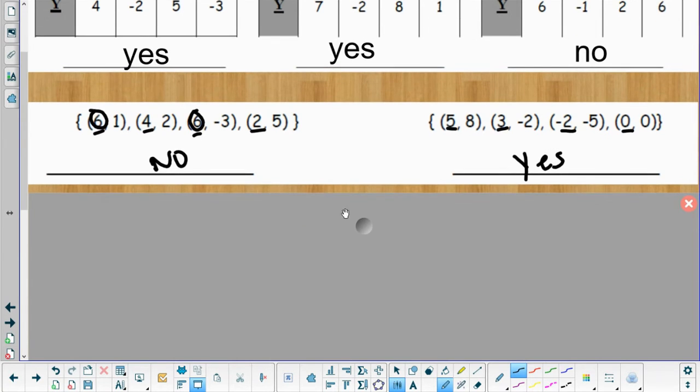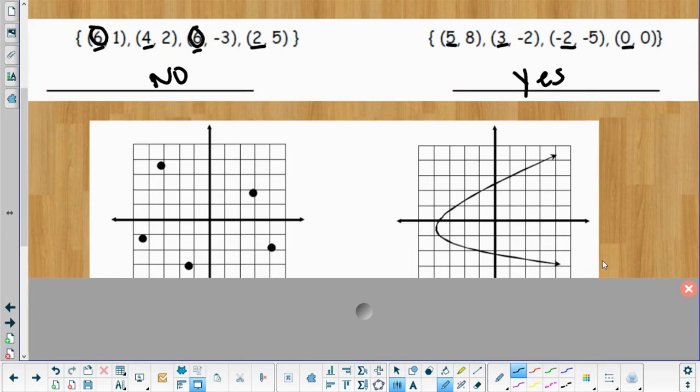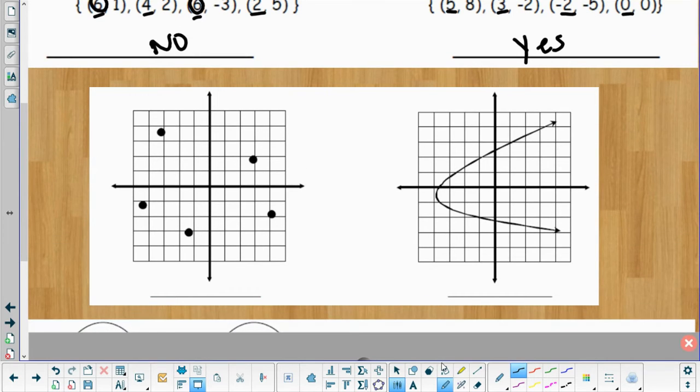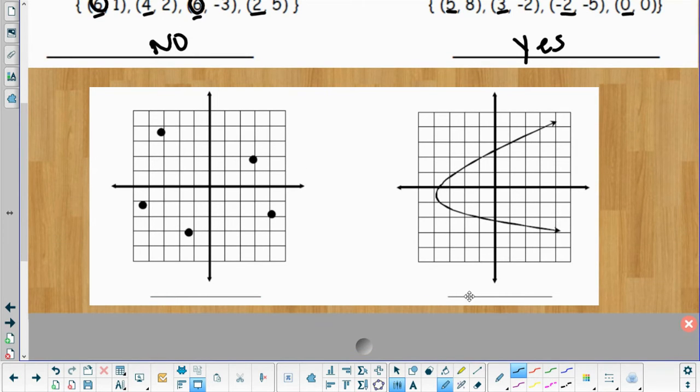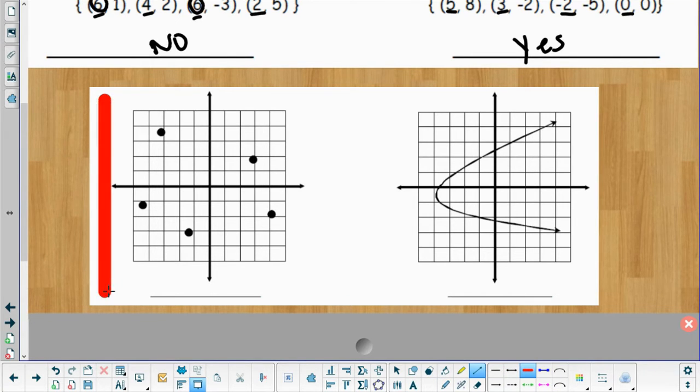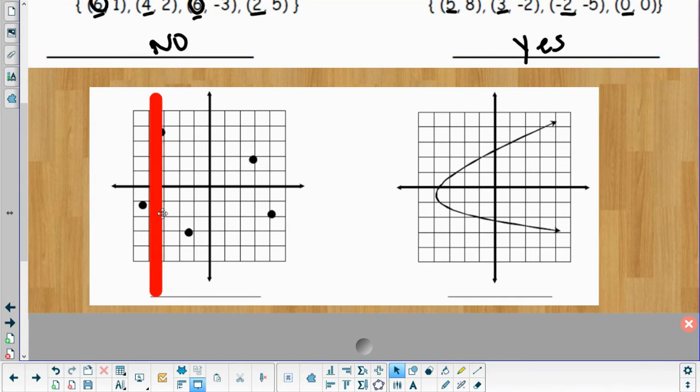Okay, we can also look at graphs. You may remember how we test functions in graphs. When we're doing this, you're looking for the vertical line test. If I were to draw a thick vertical line, straight up and down, and I slide it left and right, is there anywhere where there would be 2 points hitting in the same line?